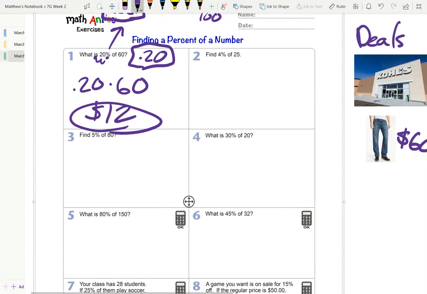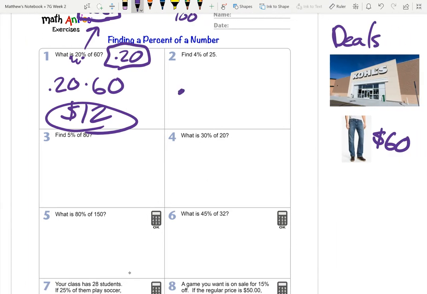Let's do the same thing here. So we need to take 4% and turn it into a decimal. So we're going to take our decimal point, which always starts at the end of the number, move it 2 spots. And so here we have 0.04. Notice it's not just 0.4, okay?